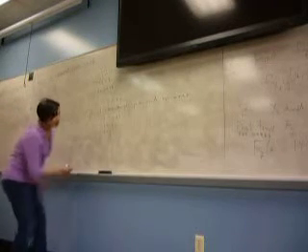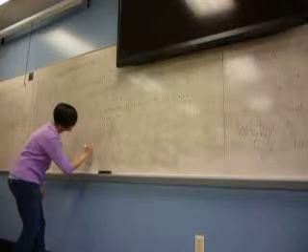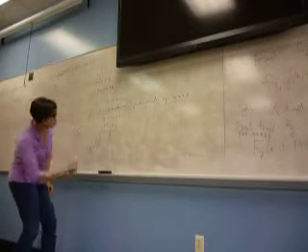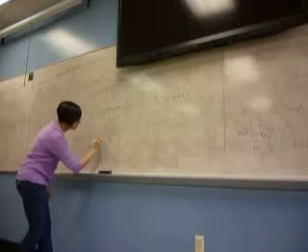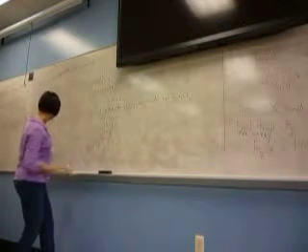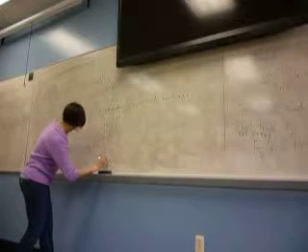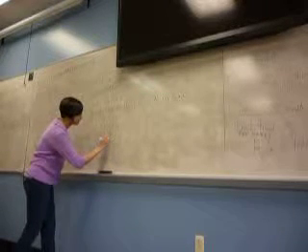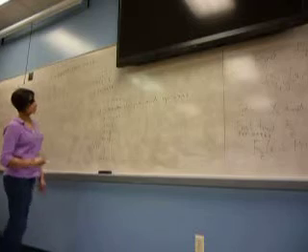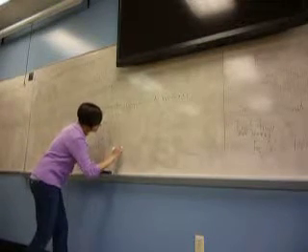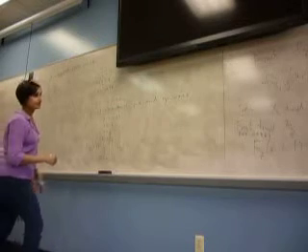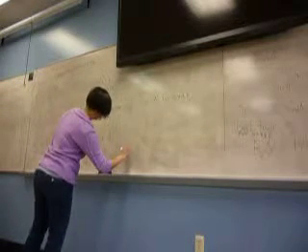Our probability f_Z of z is going to be the integral with x going from 0 to z over 2, y going from the line x to the line minus x plus z, and your density function at that point is 2xy dy.